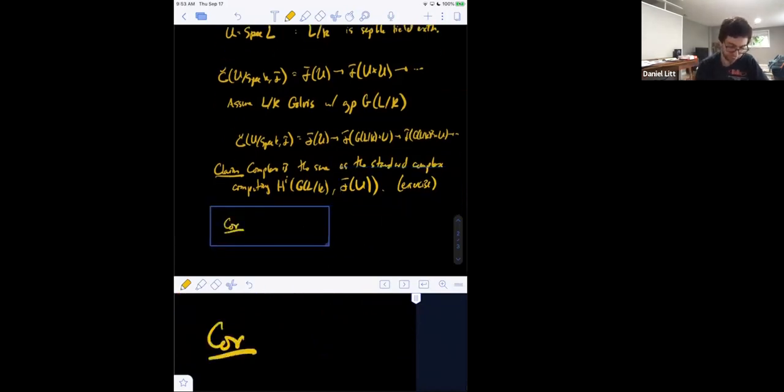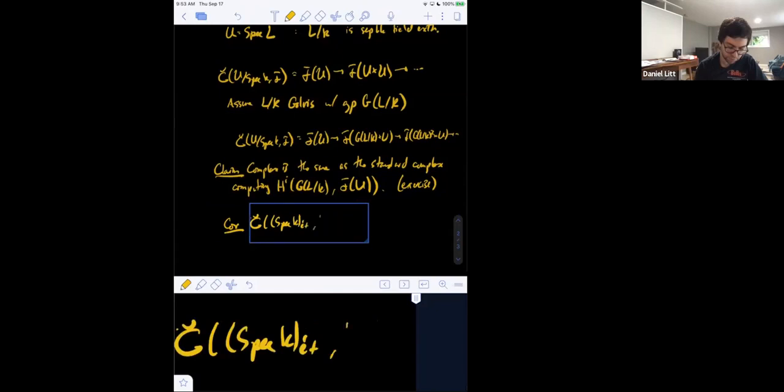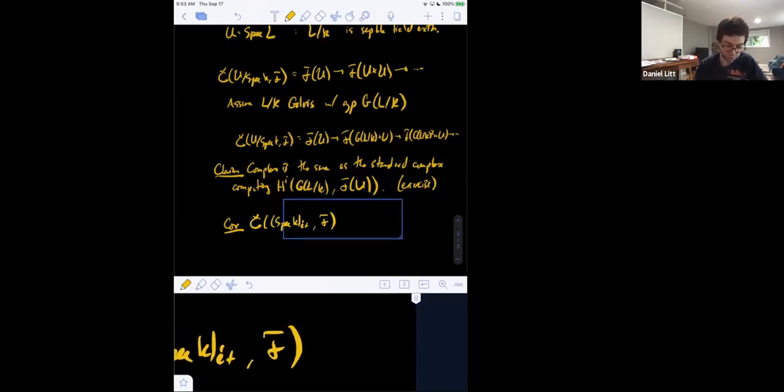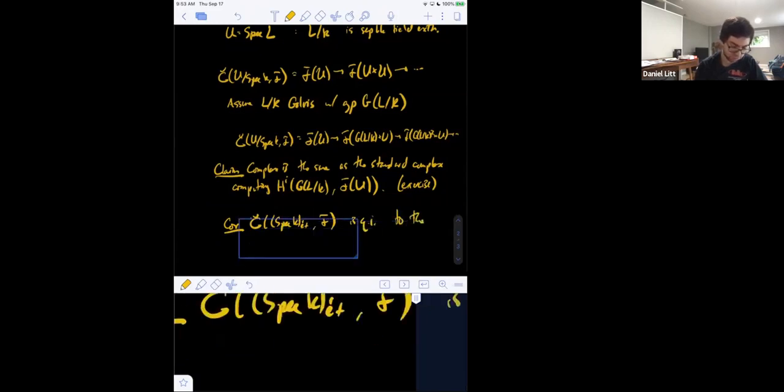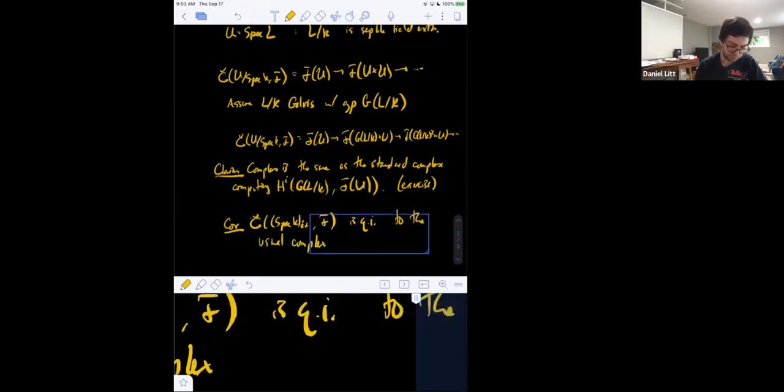The following corollary is immediate: the direct limit Čech complex, which is what you get by taking the direct limit of all these Čech complexes over Spec K for all U, is quasi-isomorphic to the usual complex computing Galois cohomology.